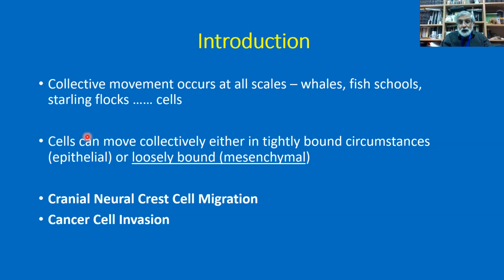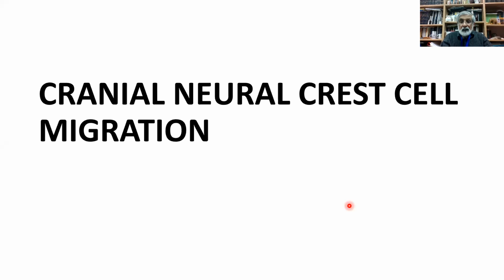Then you can also have cells within a sheet moving. And then there's also the loosely bound cell movement in mesenchymal cells, and that's what I'm going to focus on. I'm going to talk about two examples: cranial neural crest cell migration and cancer cell invasion.